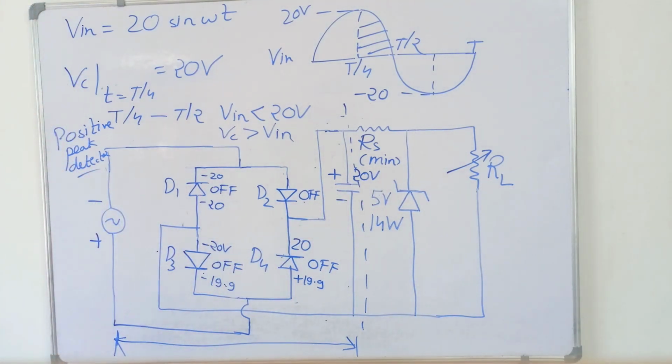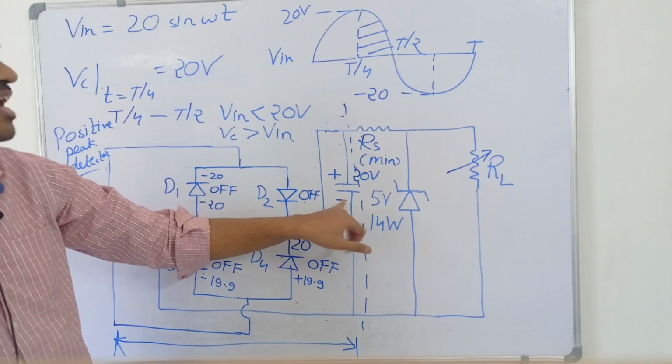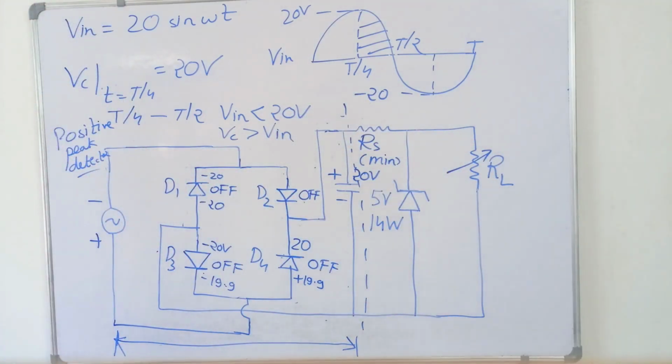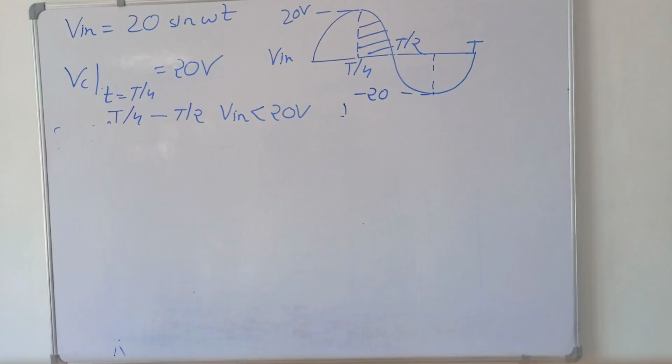So if we redraw the circuit, now this voltage is 20 volt and we have to consider only this part.